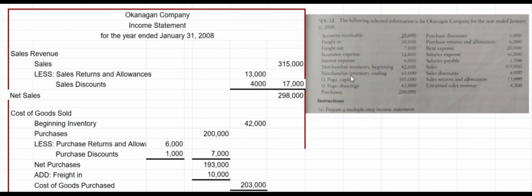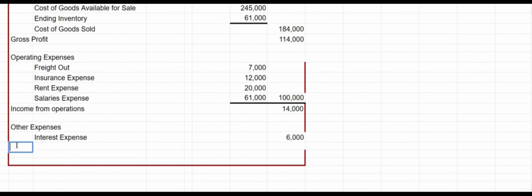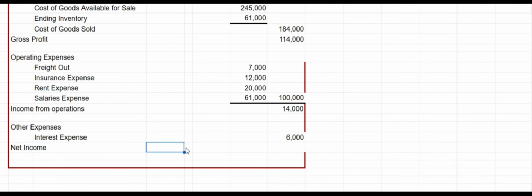And so if we take a look at the question, there is no other expenses or revenue. So that means we can just calculate net income by subtracting the interest expense from income from operations. So 14,000 minus 6,000, that's 8,000.